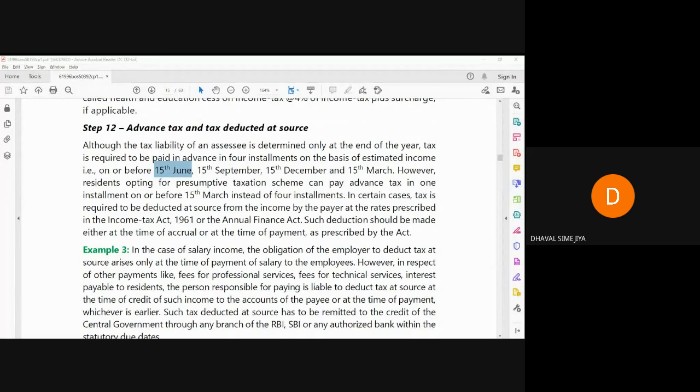Now, on or before 15th December 2020, I have to pay 75 percentage of tax. And last installment, 15th March 2021, I have to pay 100 percentage of the tax amount. This is your semester 4, so no need to remember all this. Just understand this.